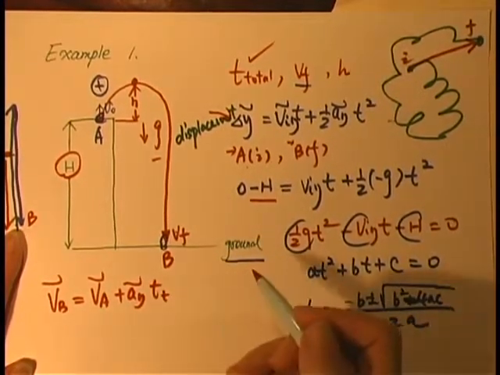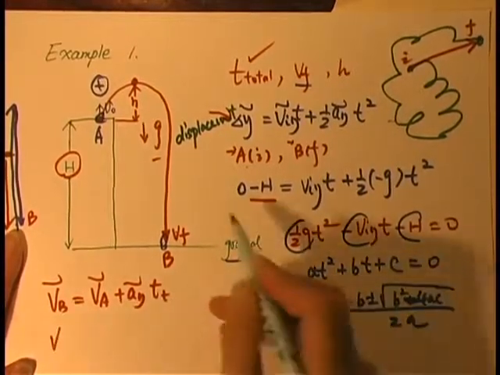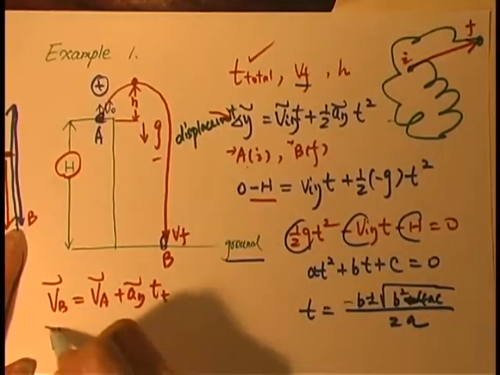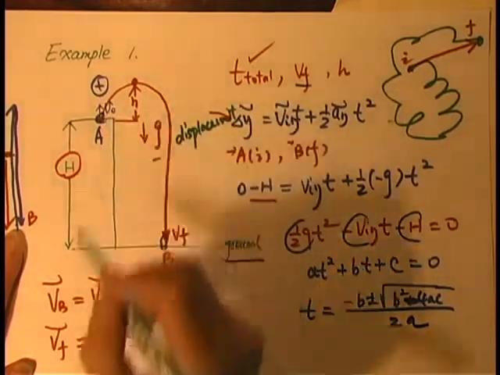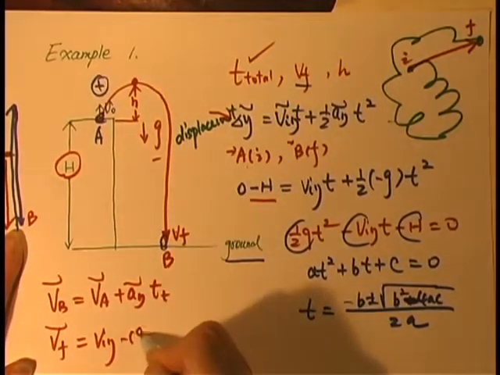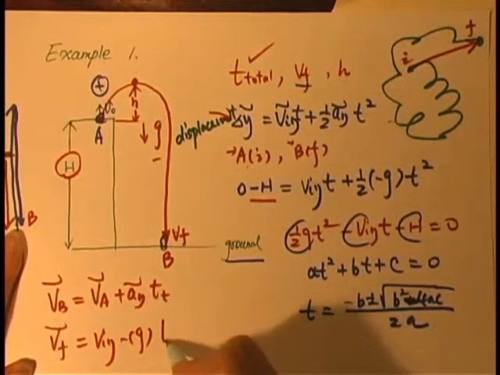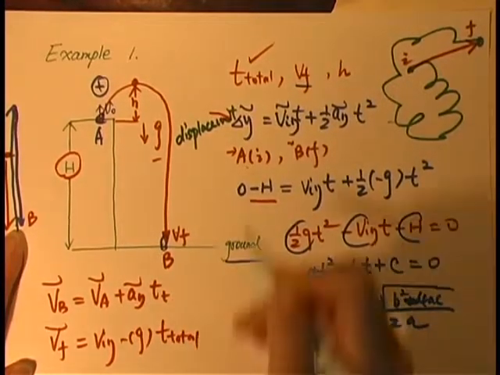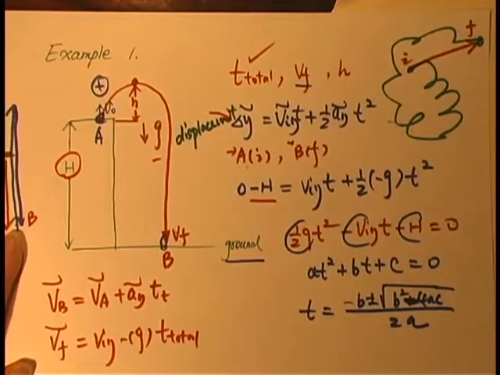This T is the T total. So VB, the V final we're looking for, equals VA, which is V initial Y, plus AY, which is minus G, times T total, which is already solved from step number 1. So we can solve this.